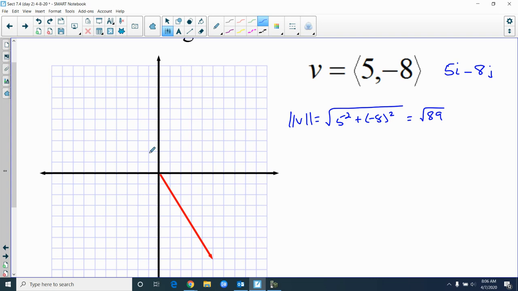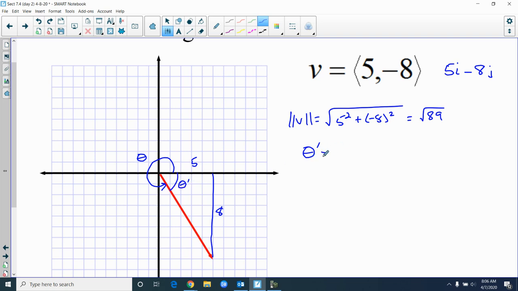All right, here's what we're doing. This will find our reference angle. We need to find this right here. That's going to be our final direction. That's going to be our final answer. But if you look at this right triangle, that's 8. That's 5. This will be my reference angle.